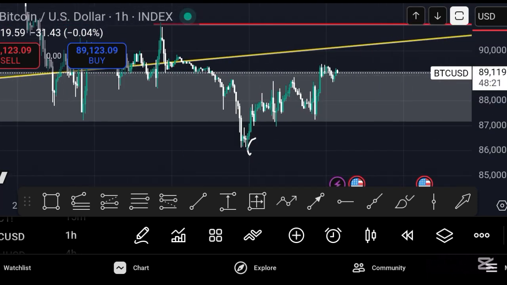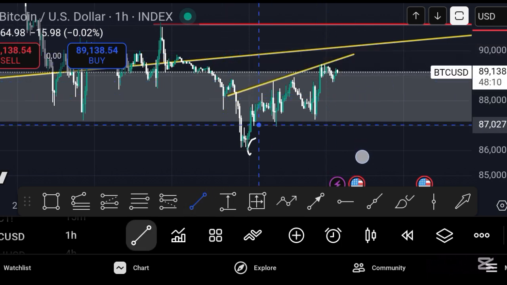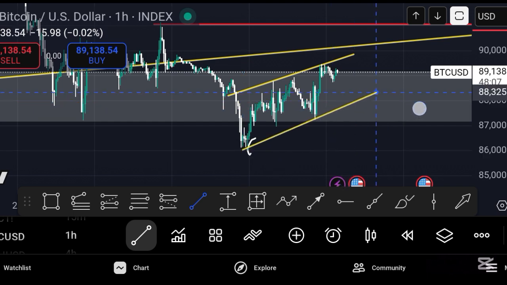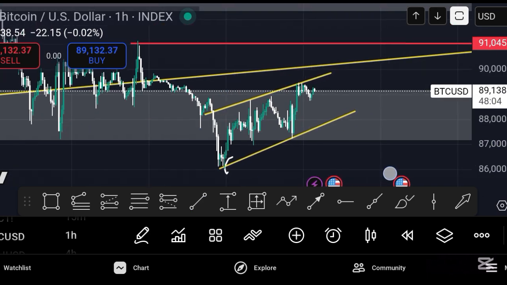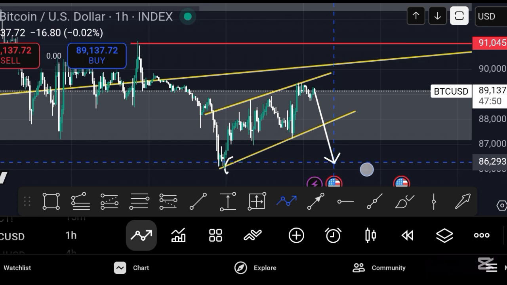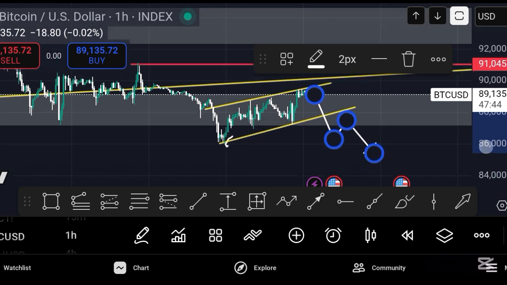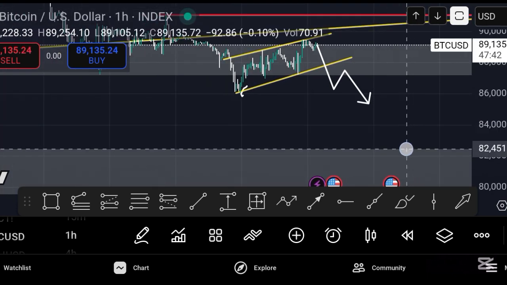If not, there is still a possibility that price is creating another bear flag pattern on the lower time frame. You see that this is a bear flag pattern forming on the 1 hour time frame, and it might eventually play out, because if we see a rejection around this level, and then bearish momentum breaking below this support trend on the 1 hour, then a little bit of a retest, that will move price down to these levels right here at $82,000.